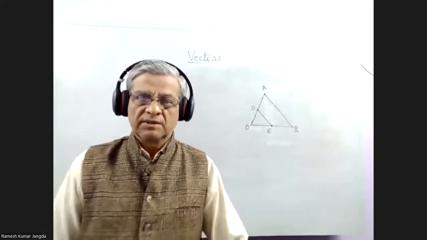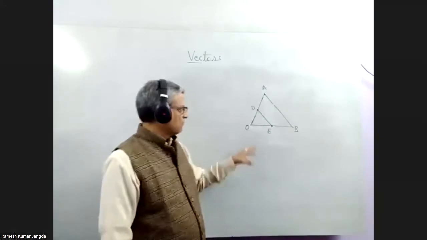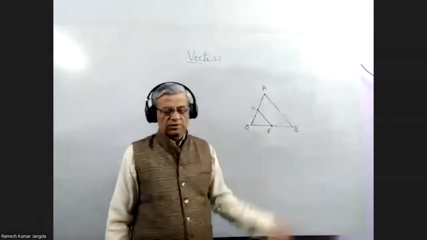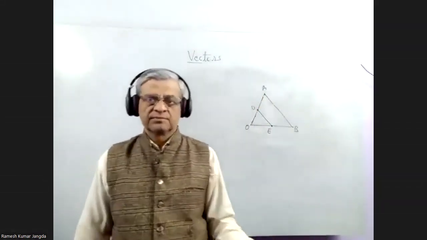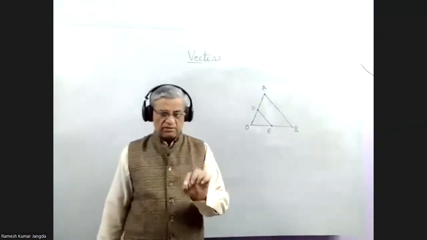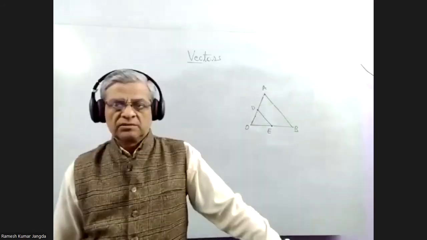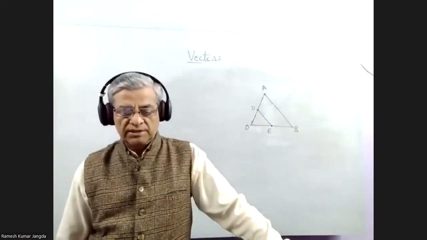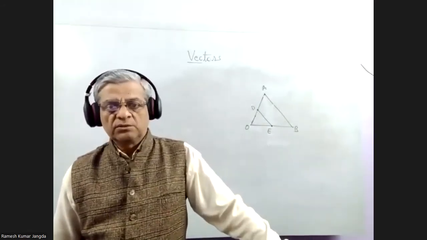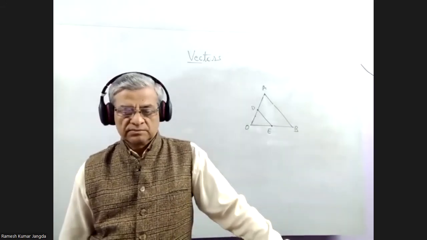Midpoint theorem बताती है कि DE और AB पैरेलल होते हैं. आप ये statement लिख लो. According to midpoint theorem, the join of midpoints of two sides is always parallel to the third side, and half of the third side.